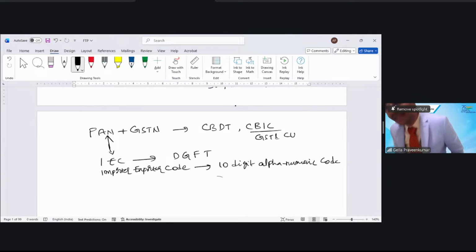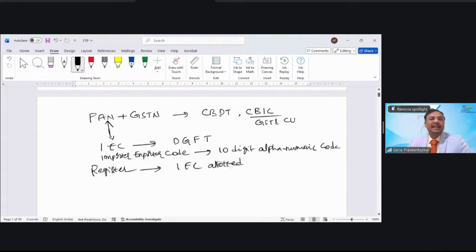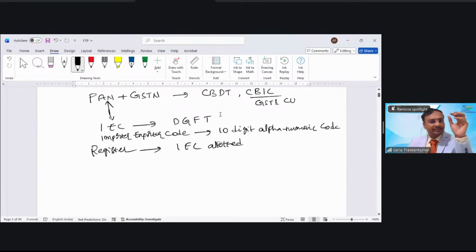No. My identity under DGFT gets recognized only when I register. Only when I register, I get my IEC allotted. So keep in mind, having a PAN does not mean that you have an IEC.